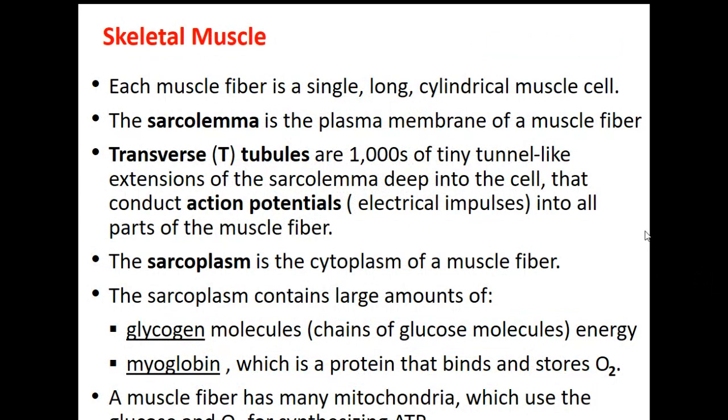So, more terms that we need to learn about the structure of a muscle fiber. We already said the sarcolemma is just a special name for the plasma membrane of a muscle fiber. Just a membrane that covers the whole muscle cell. Transverse tubules, or T-tubules, are little tunnels that are part of the sarcolemma.